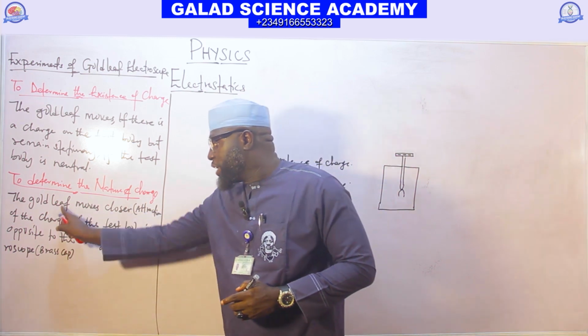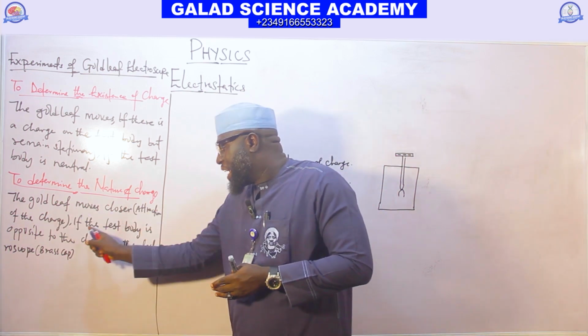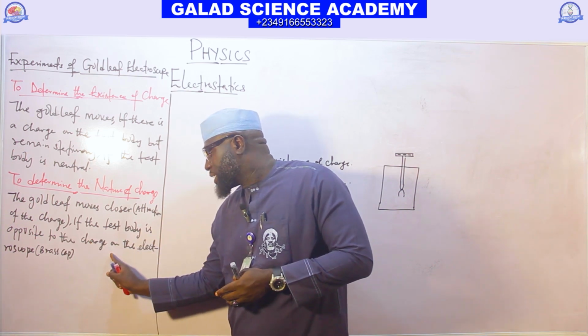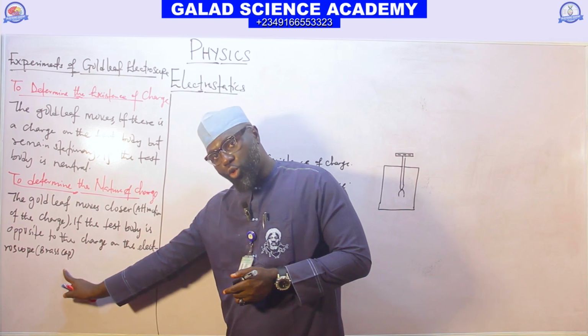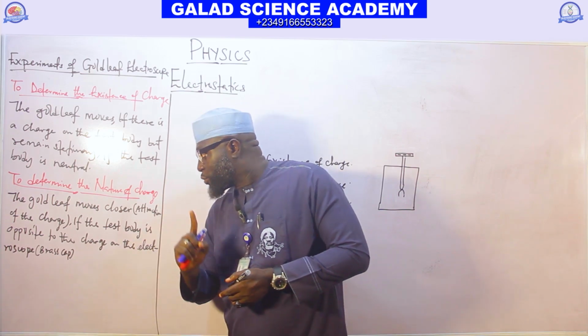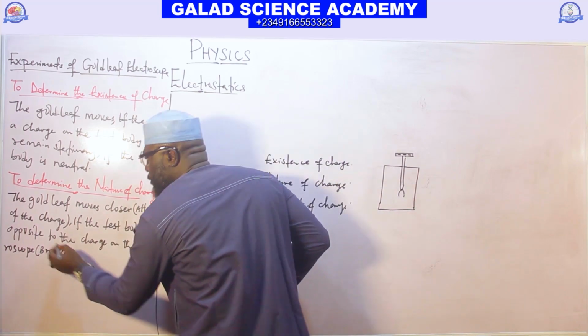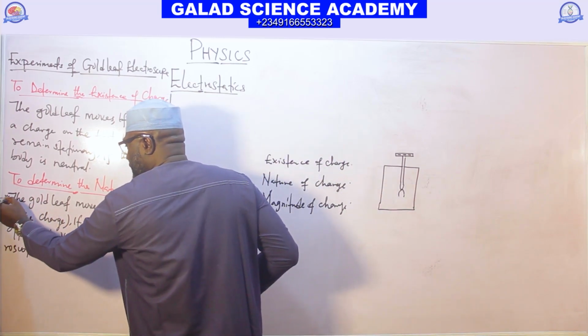If the gold leaf moves closer, the charge on the test body is opposite to the charge on the electroscope. That's the first case. Let me stop here for the first point.